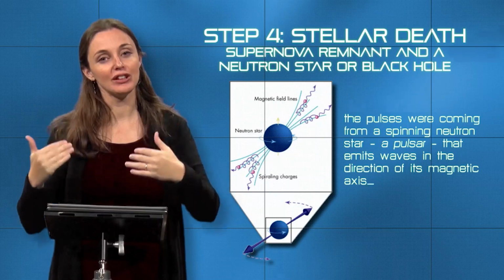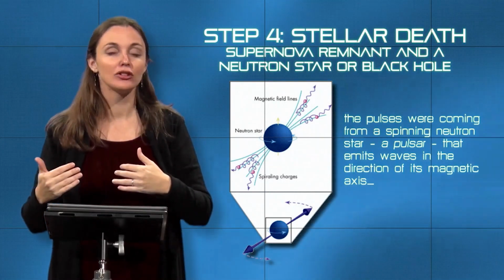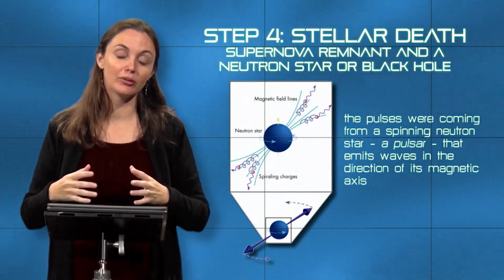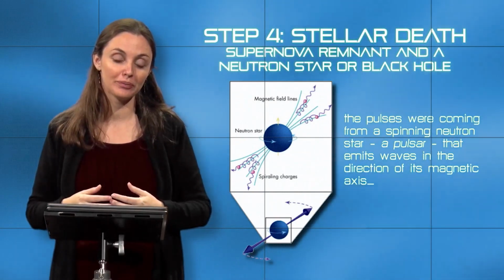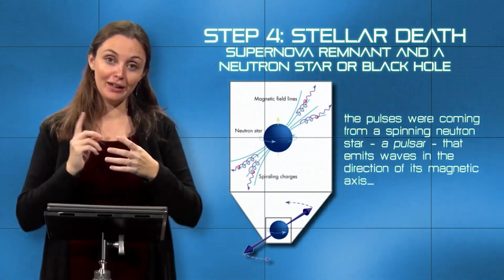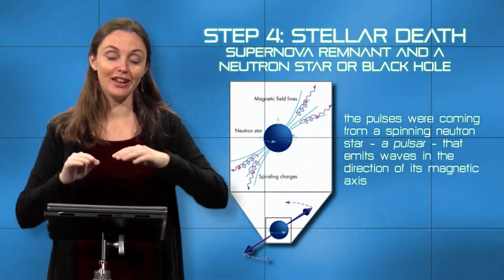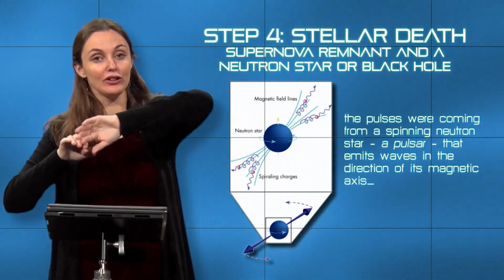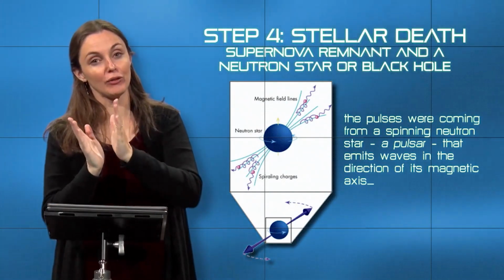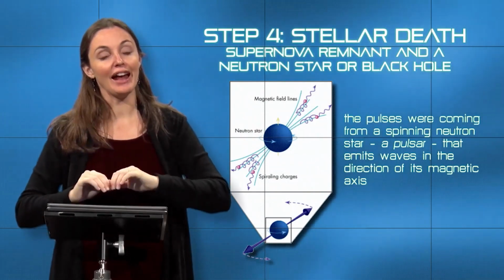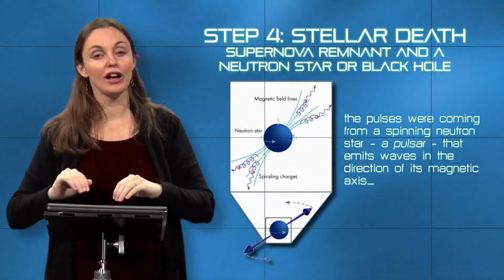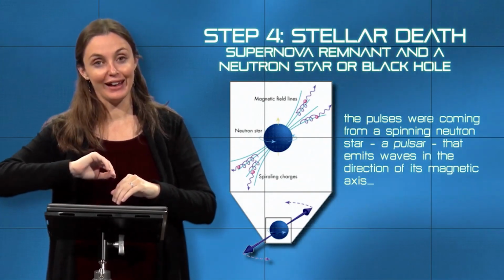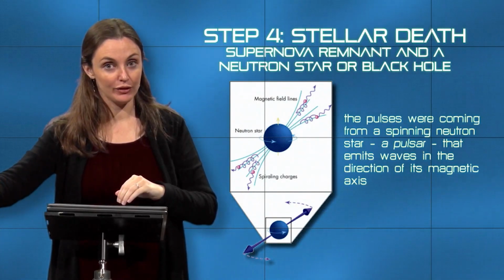So they're probably slightly positively charged. So they're not entirely made of neutrons. There might be some protons in there too. They are spinning around a rotational axis and creating a magnetic field that's offset from that rotational axis. And outside of that magnetic field, that's where they're creating a constant radio wave.